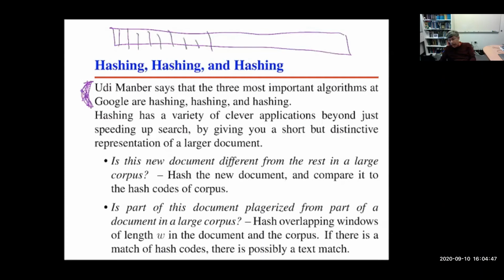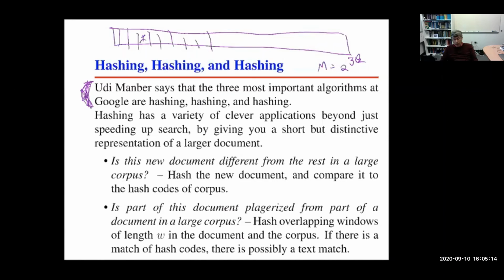Maybe it sets m to be equal to 2 to the 30 or something like that. Some big number, 2 raised to the 30. Maybe 2 to the 32, who knows? Now what they're going to do is set the ith bit to be 1 if there is a document already seen with that hash code.